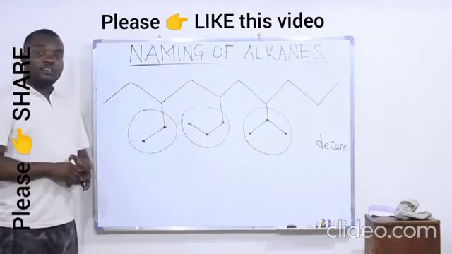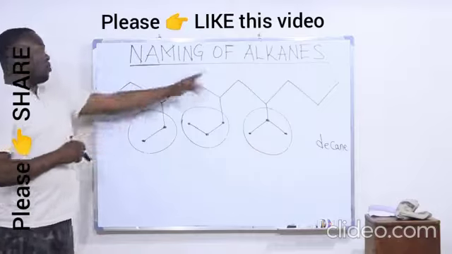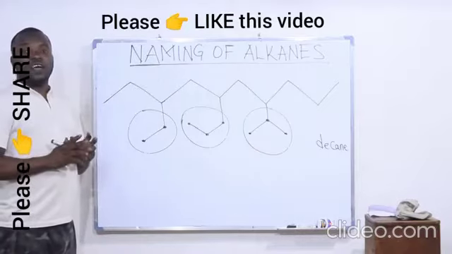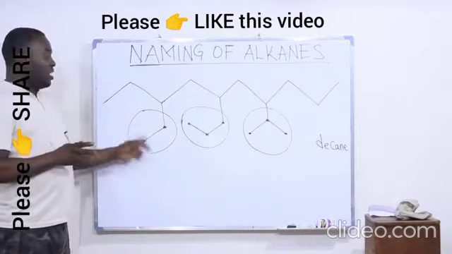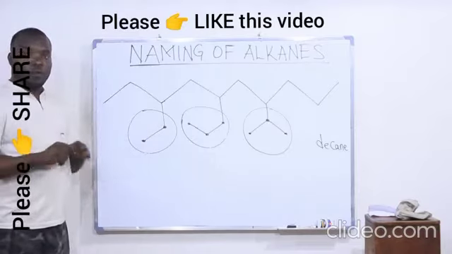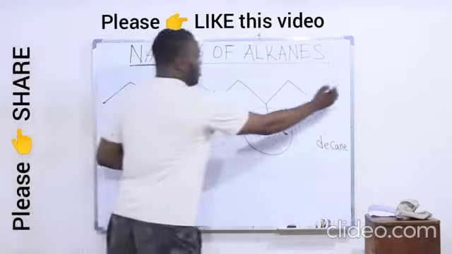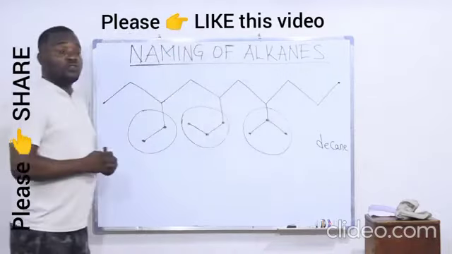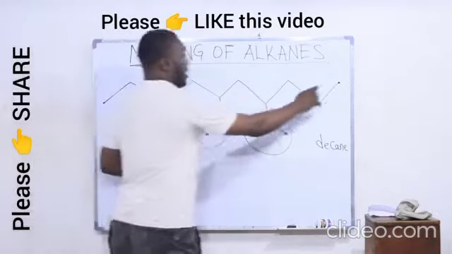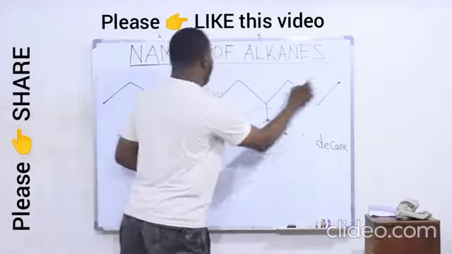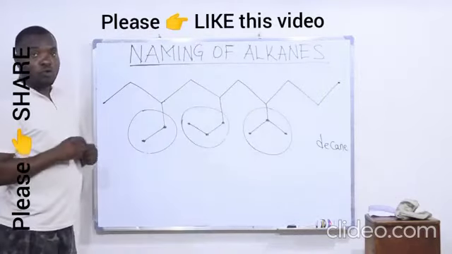Step 3 says number the carbon atoms in the longest chain, starting from the side that will give the attachments a lower number. Now my longest chain starts here and ends here. So I have 2 options. It's either I number from here and end here, or I number from here and end here. One is correct.